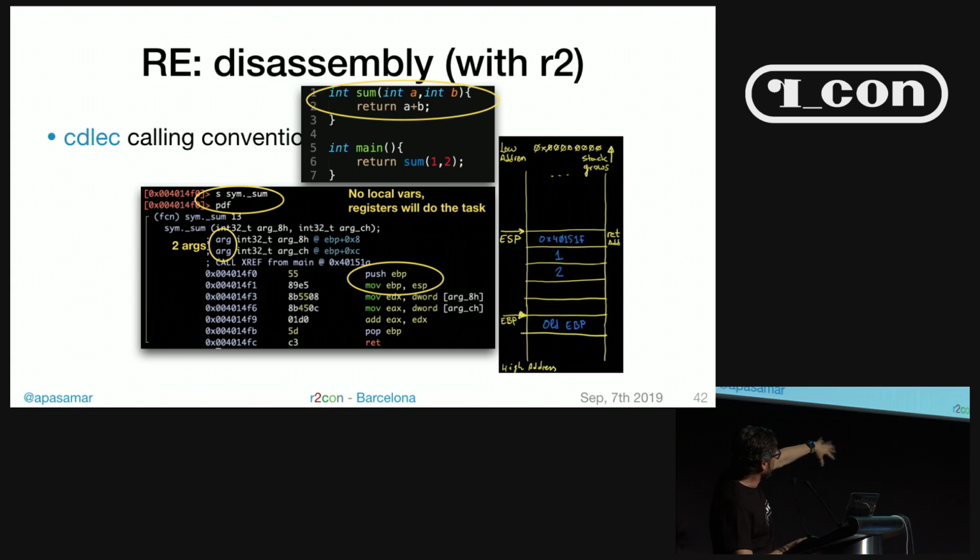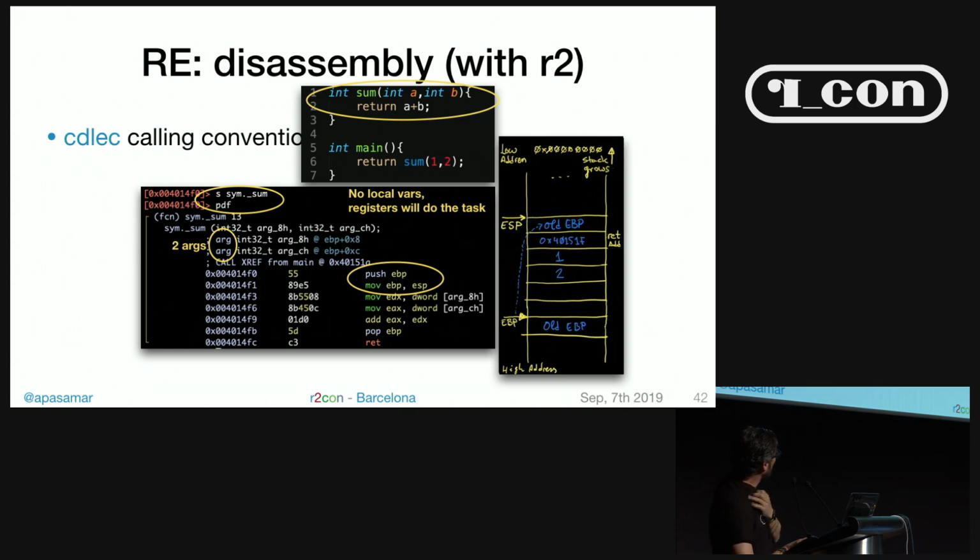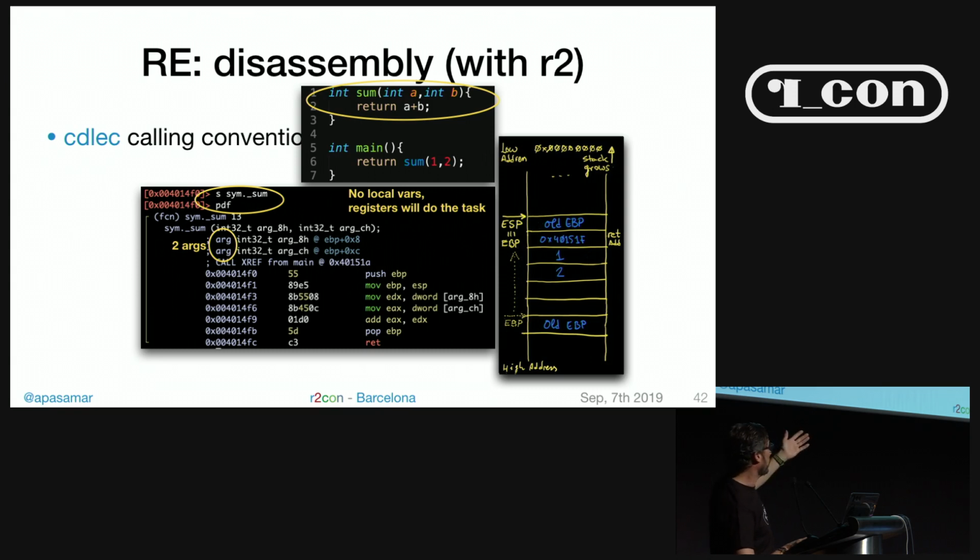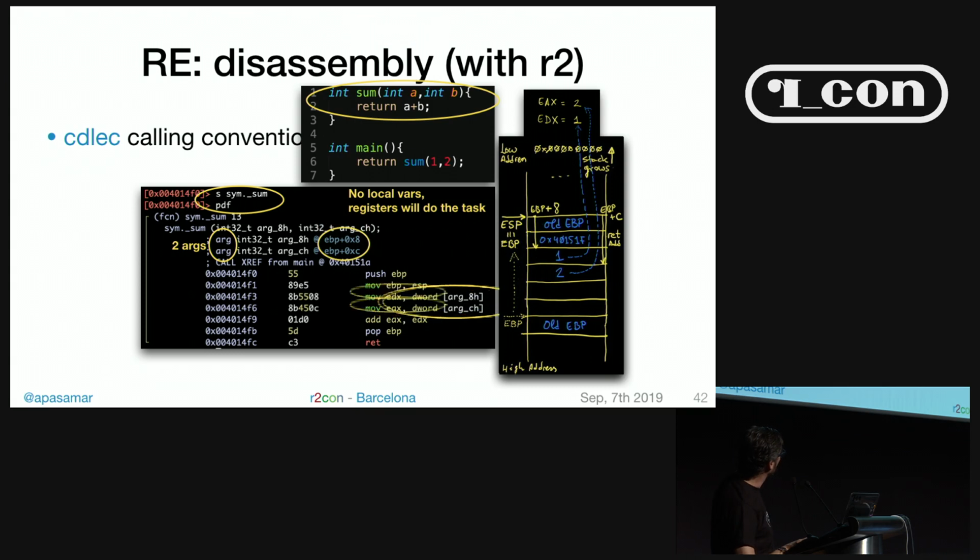EBP is there, and we have to save it in order to preserve the stack of the previous function. So this old EBP is pushed there, and ESP now is there. We move ESP to EBP, so the new EBP will be on the top of the stack now. And because there are no local variables, there is no movement of ESP. There is no memory reserved in the stack in this case.